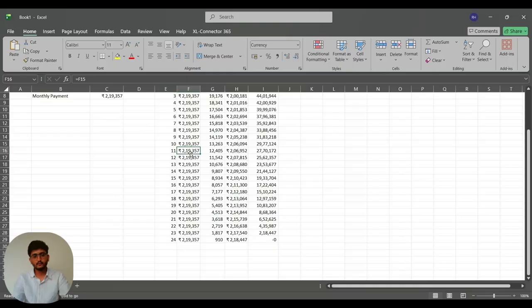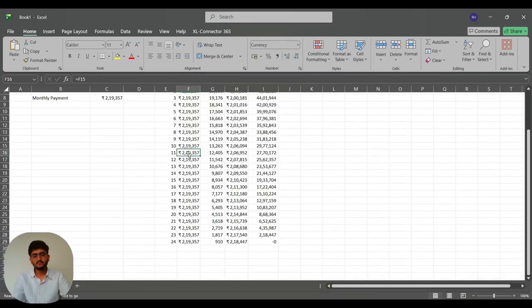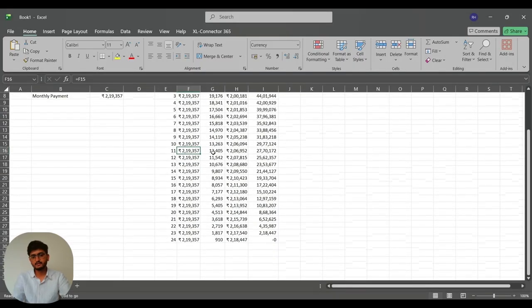The 11th month, what are we going to do? First is the EMI payment 2,19,000, interest rate 0.4167%, and when we minus it we'll get the actual principal amount we are paying. And last month's debt, we know, is 29,77,124 rupees.